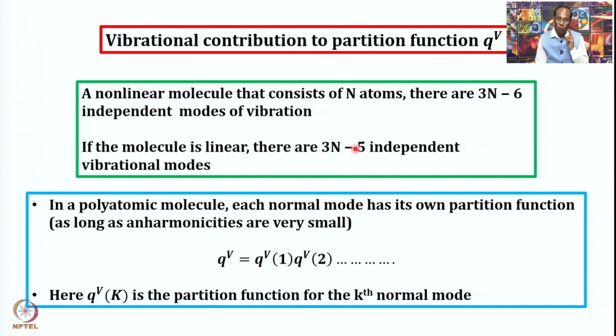There is only one independent vibrational mode. However, if there is a non-linear molecule, non-linearity will come when there are more than two atoms in a molecule. For example, water. Water is a non-linear system. And if n is equal to 3, then put 3 over here. 3 into 3 is 9, 9 minus 6 is equal to 3. There are 3 independent modes of vibration.